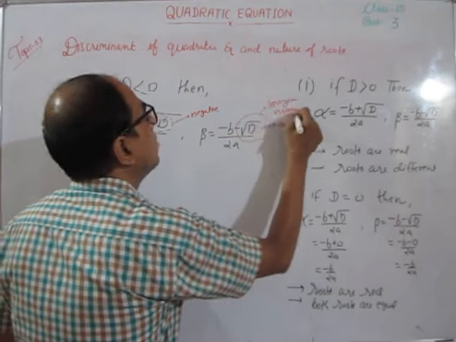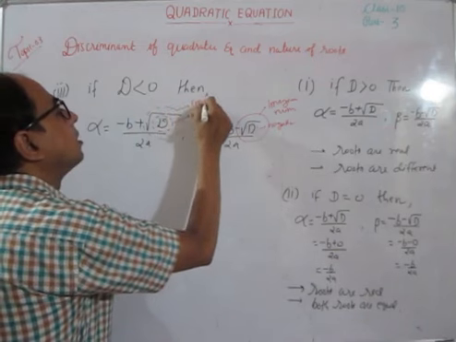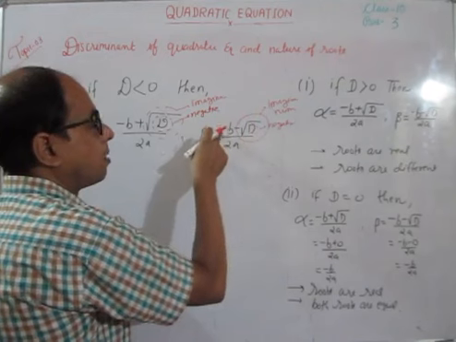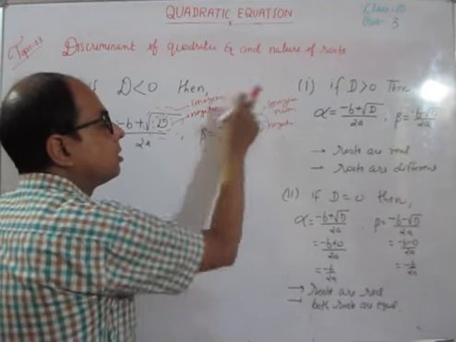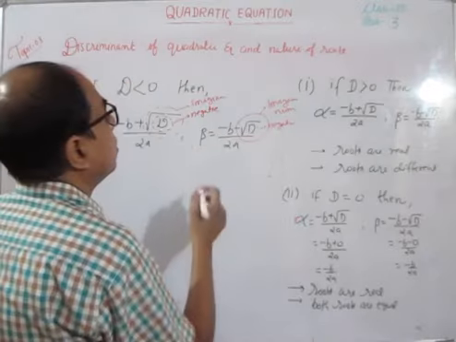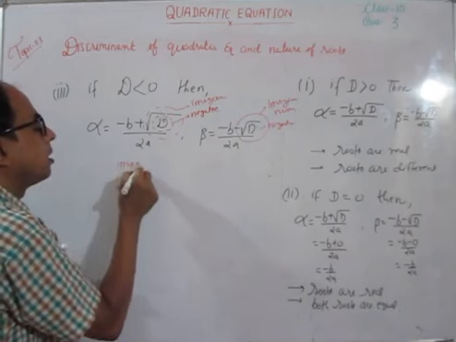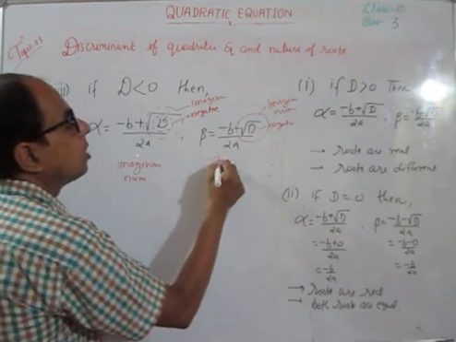So imaginary number plus minus real number and divided by real number. So this operation between a real number and an imaginary number will give an imaginary number. So beta is also imaginary, and this is also an imaginary number.